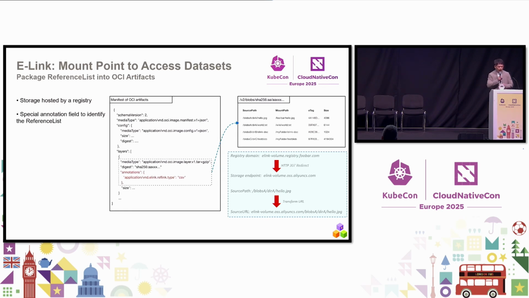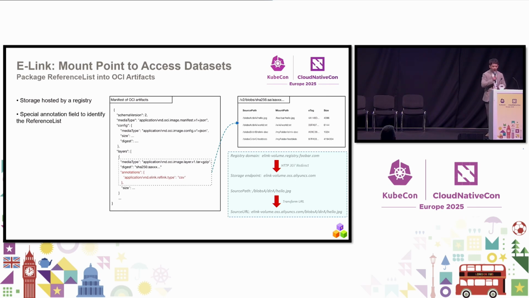Second, a special annotation field is needed. This can identify that the current layer is a reference list, which can conveniently enable the snapshotter to support accessing remote files for the existing OCI artifact.